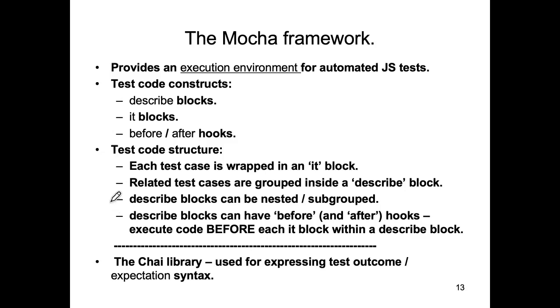And before I show you an illustration of that, as well as using Mocha, we're going to use a library called, well, I pronounce it Chai anyway. Chai is a library that we use to express our expectations, how we state what we expect our target to return as a response.